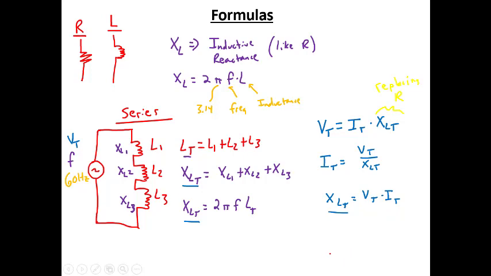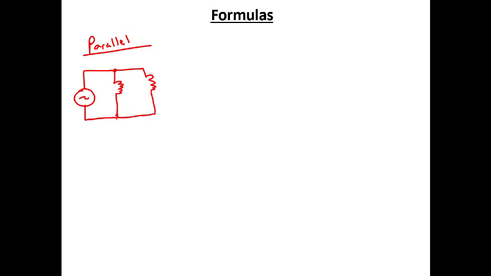All right, now let's look at the next type of circuit that we'll see, which would be a parallel circuit. So let's say that we had a parallel circuit and we have inductors here. So here's my parallel circuit.